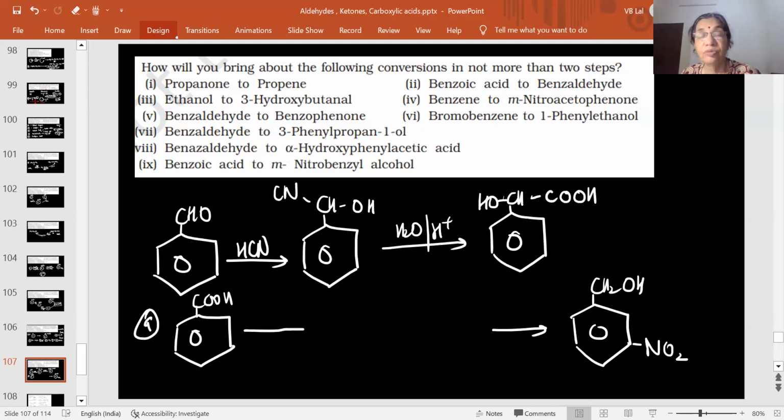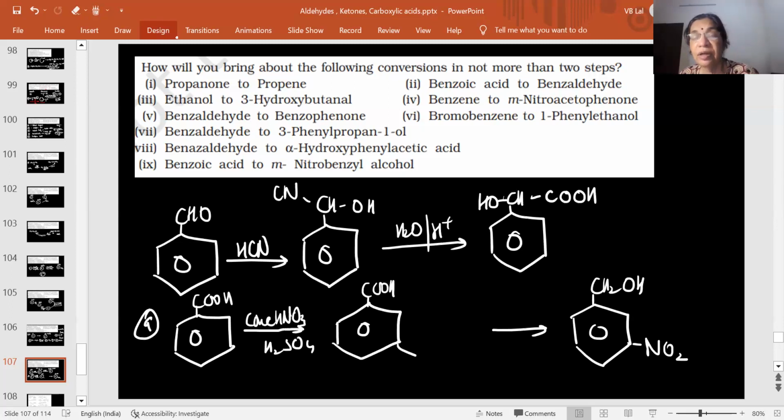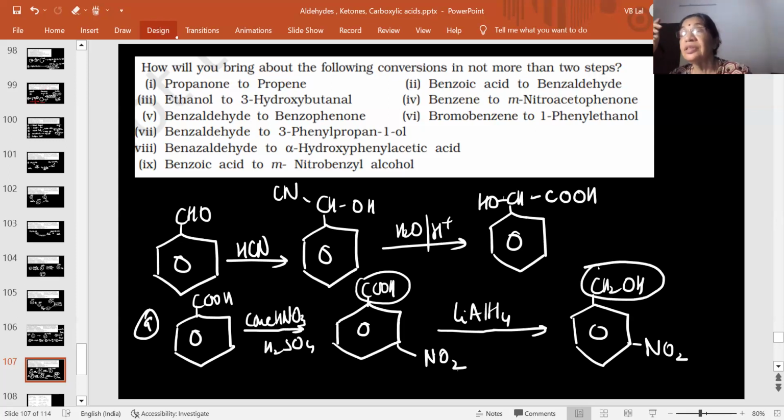So first I will do concentrated HNO3 and H2SO4, and I'll get an NO2 group at the meta position. Now I will use lithium aluminum hydride, so COOH will change into CH2OH. That is the reaction. Done?